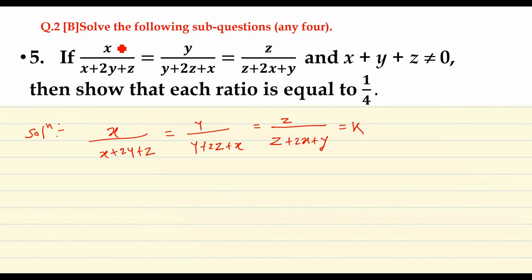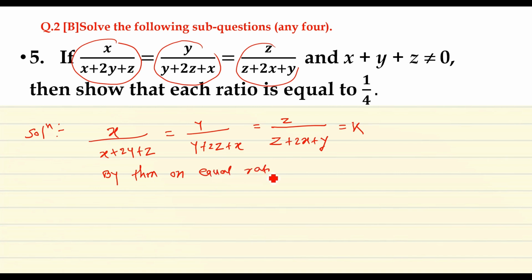It means I assume this ratio answer, whatever it will be, this ratio answer and this ratio answer is one and the same, and that I assume as k. Now by applying the theorem on equal ratio, this is a very important step you have to write. Whenever you write the answer of a question in mathematics, the logical steps of that answer should be mathematically and logically correct.